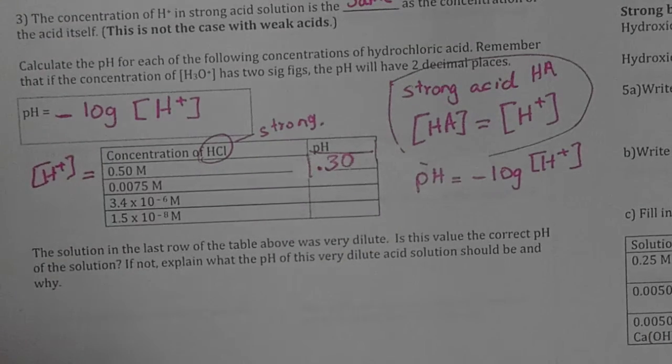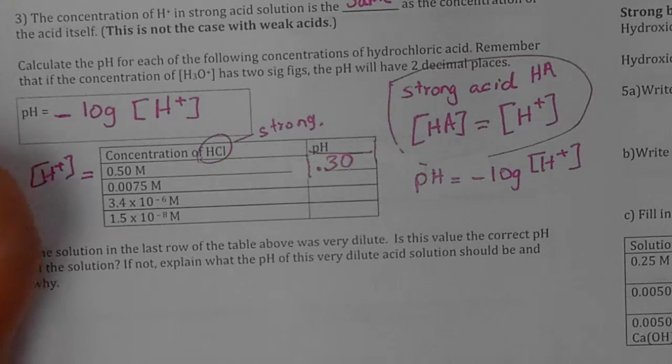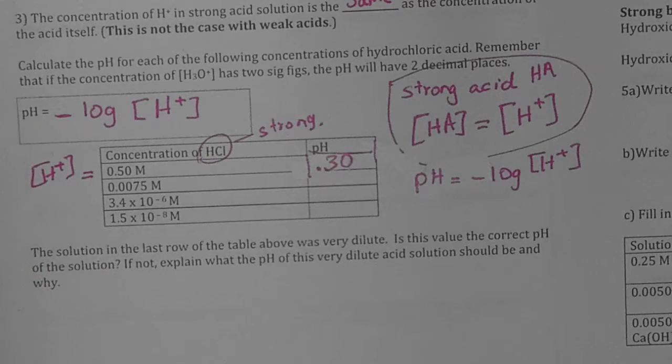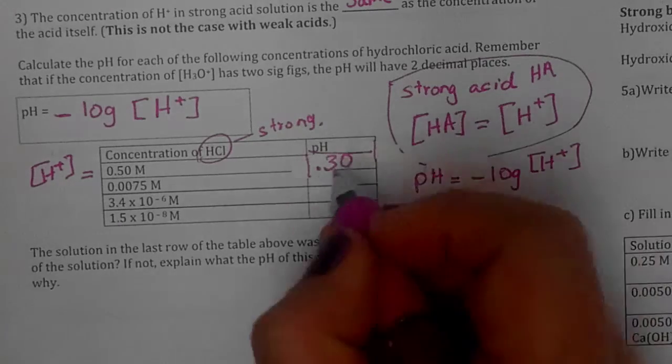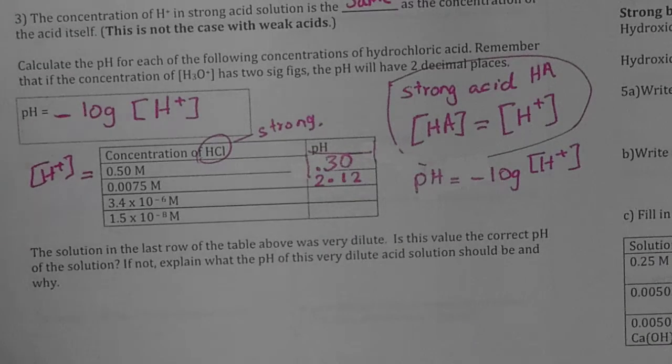Okay. Right. 0.30. Funny enough, they kind of come to a similar number. Anyway, the other one is 0.0075, so we're going to get about 2.12, right?